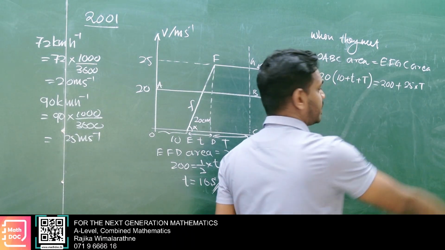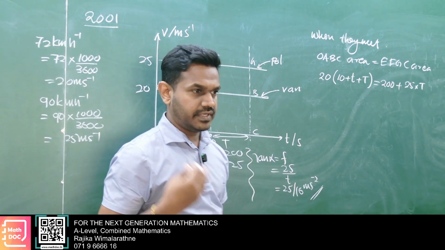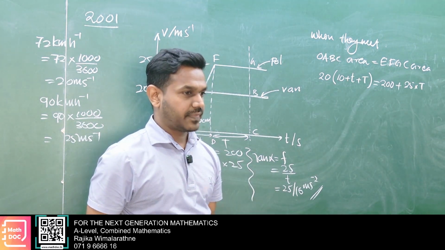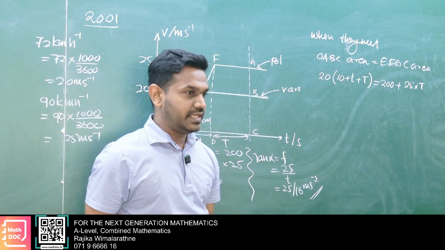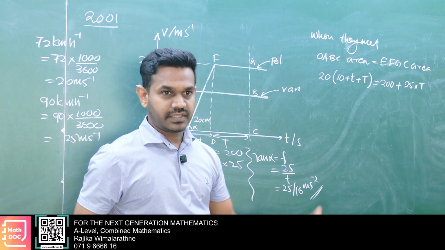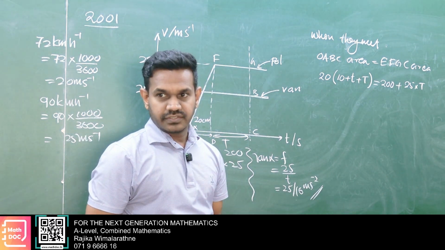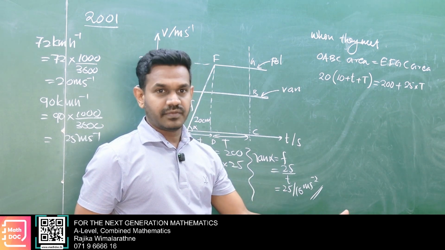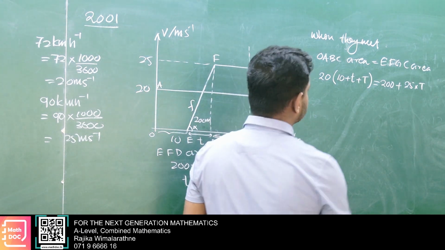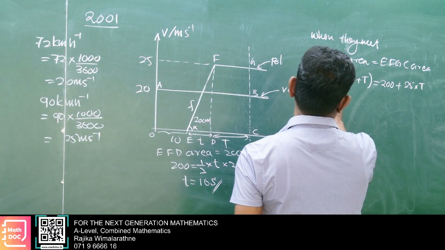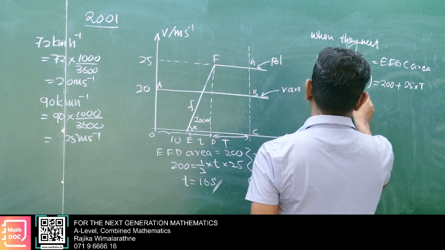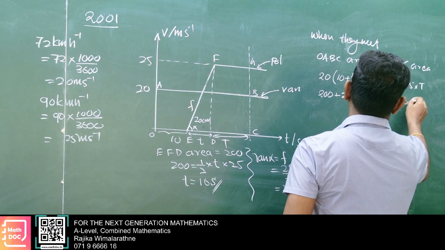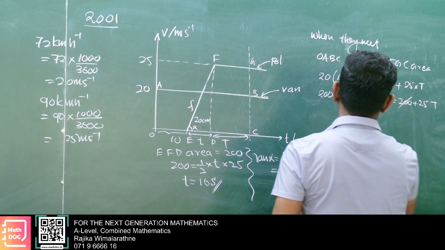Now they are the same. Now here we only don't know the capital T value, no? You can easily find capital T now. So identify that when they meet, their displacement is the same, no? They meet at the same position. So first encounter at the same point, then the meeting point is again the same. Now simplify. 200 plus 20 times t, which is 16, so 20t... 25T.